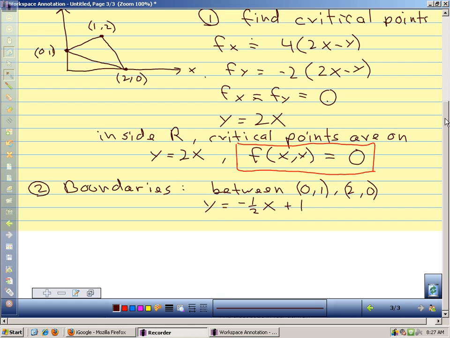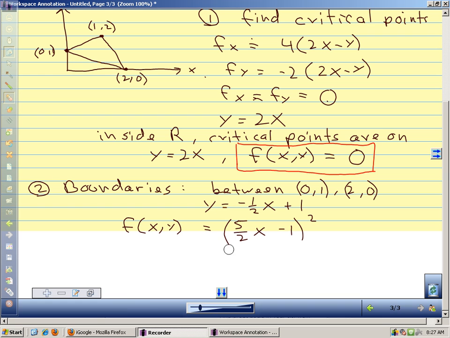Now I'm going to substitute this in for y in my function. So on this boundary, f of x, y, when I make that substitution, after some simplification, is (5/2 x minus 1) squared. So on the boundary, this is my function. I need the extreme values of the function on this boundary, and we're also bounded by x between 0 and 2 and y between 0 and 1.